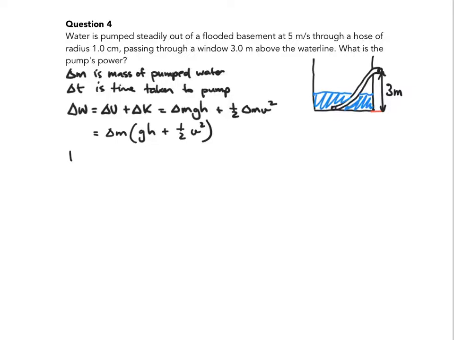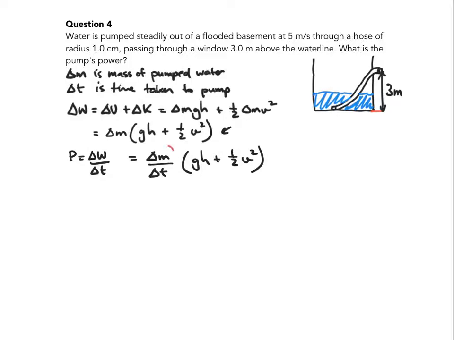To get the power, remember, it's the work done, the change in energy over time. So we just have to take this expression now and divide through by time. So we get delta M over delta T, g h plus half v squared.